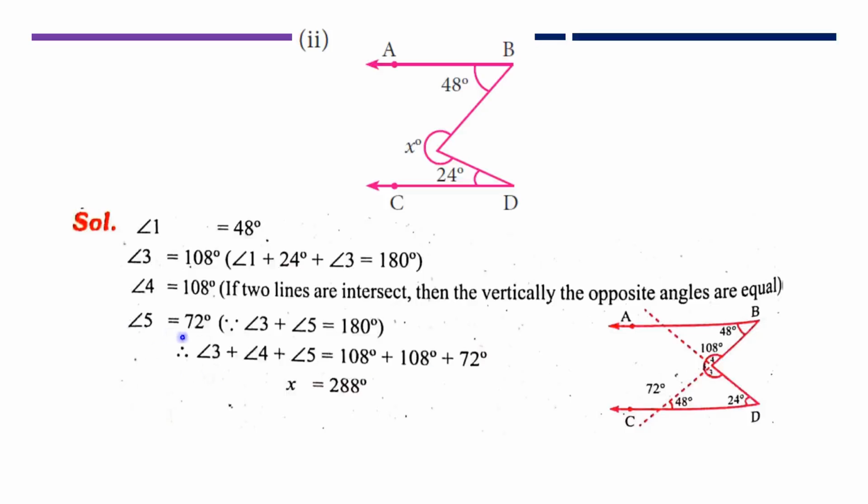Angle 3 plus angle 5 is also a straight angle. You may use angle 3 plus angle 5 or angle 4 plus angle 5; both are the same. Angle 5 is 72 degrees. Therefore angle 3 plus angle 4 plus angle 5 equals 108 degrees plus 108 degrees plus 72 degrees. So the x value is 288 degrees.